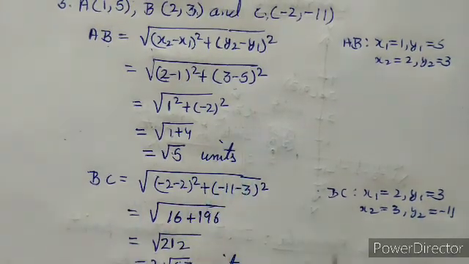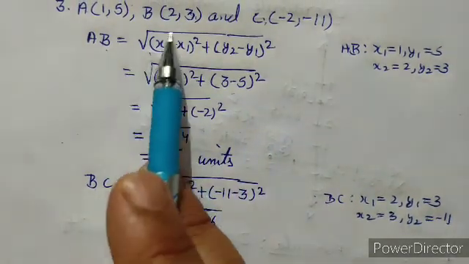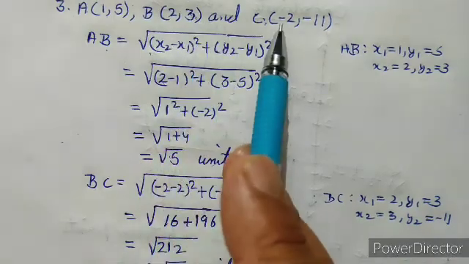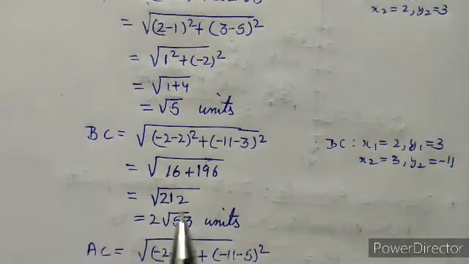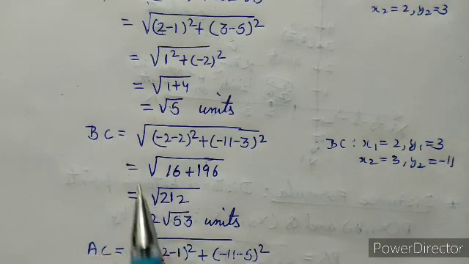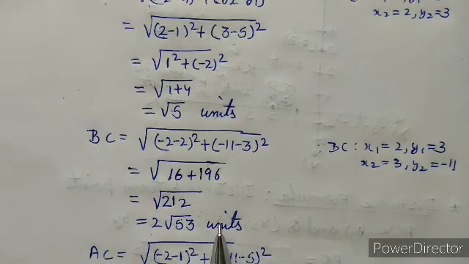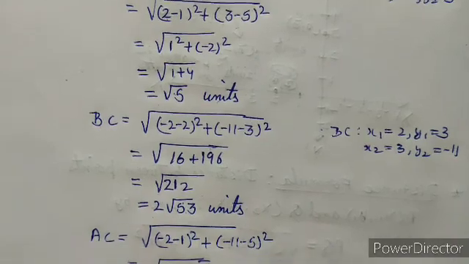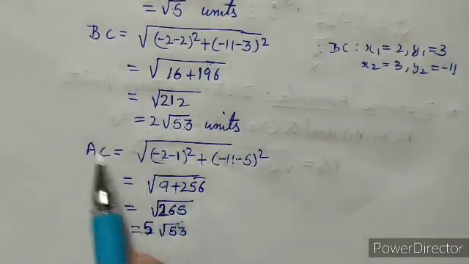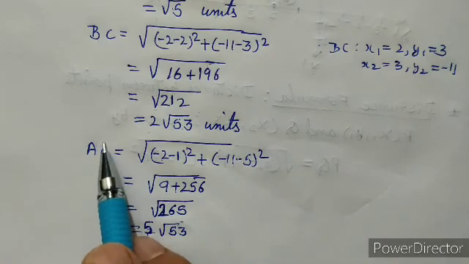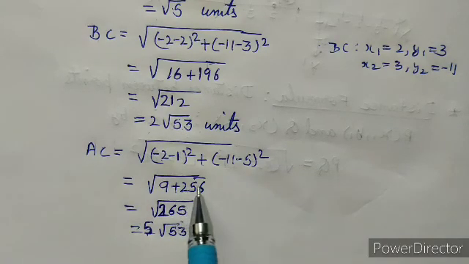In case of BC, we will take x1, y1 as the coordinates of B and x2, y2 as the coordinates of C, and that is giving us BC as 2 root 53 units. Similarly, in AC, we will take x1, y1 as the coordinates of A and the coordinates of C as x2, y2 in the formula, and that is giving us AC equal to 5 root 53.